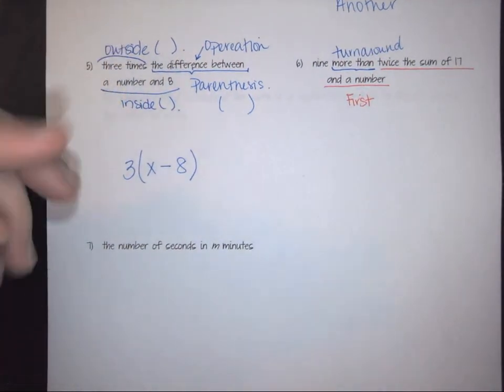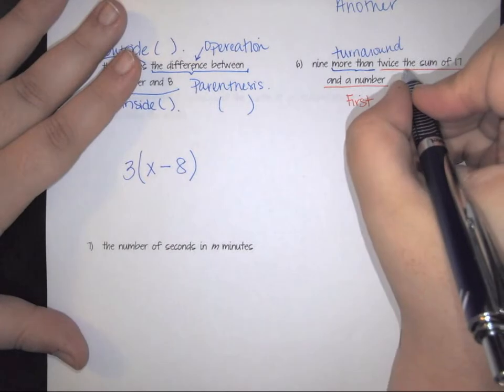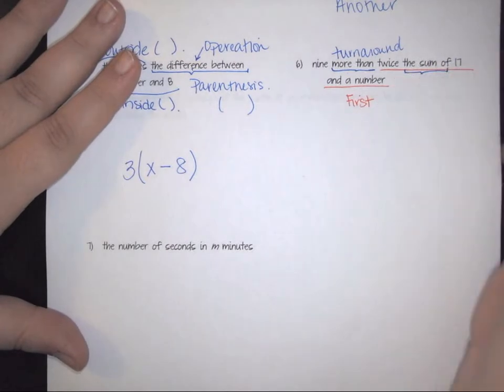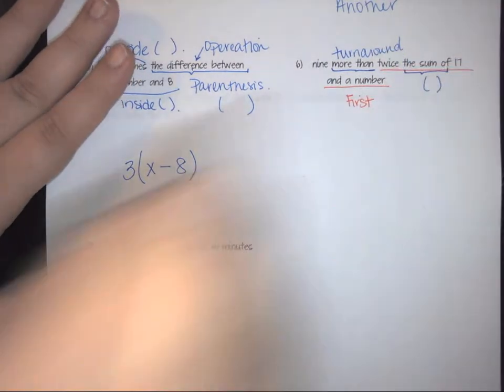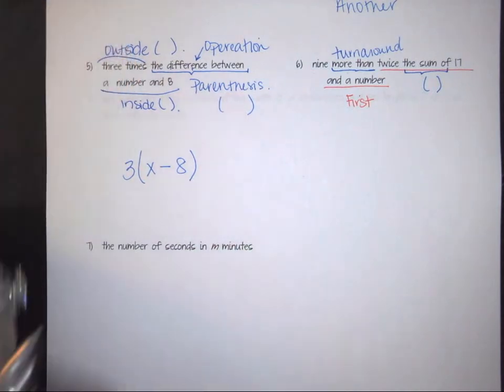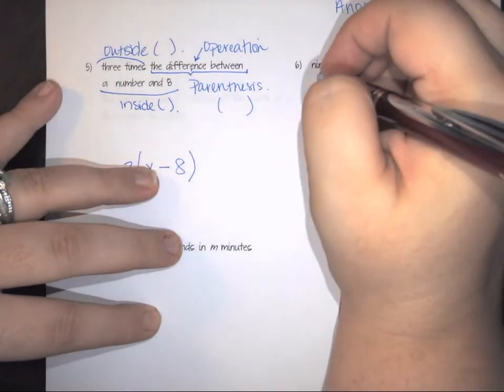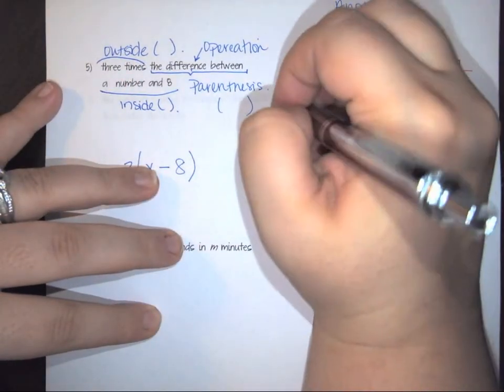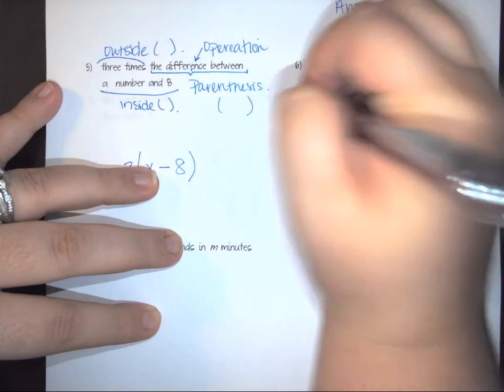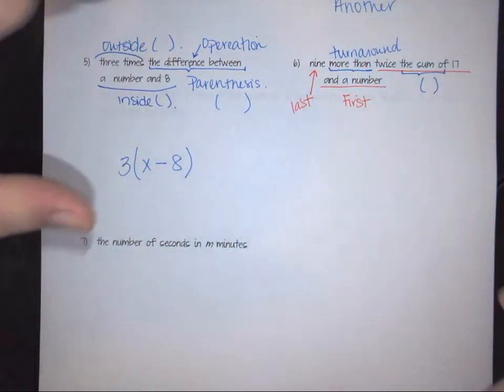The other part that I have with it is right here I have the sum of, which means parentheses. It also means that this part right here goes last. So let's take a look at that.